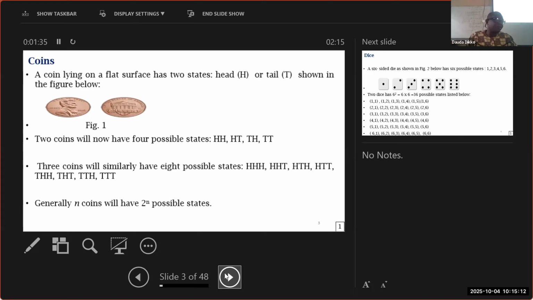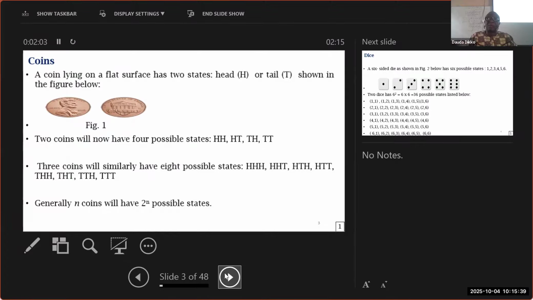Now, if you extend it to 3 coins, we have 8 possible states. That is HHH, HHT, HTH, HTT, THH, THT, TTH, and lastly TTT.